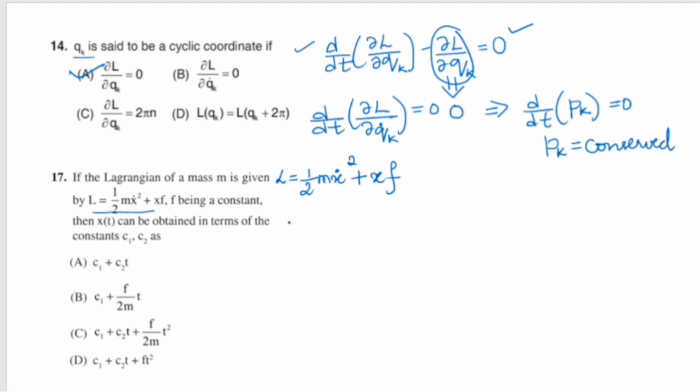So apply on this. So it will be d divided by dt of dou L divided by dou, here instead of qk dot it will be x dot, minus dou L divided by dou x, which is nothing but 0. We know that dou is nothing but the partial derivative.